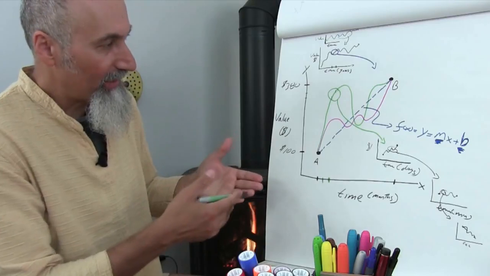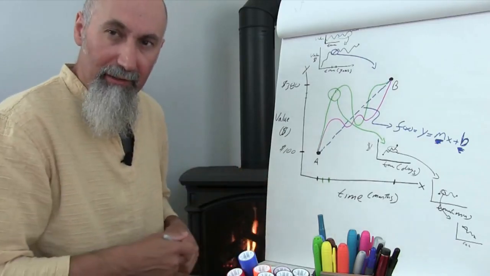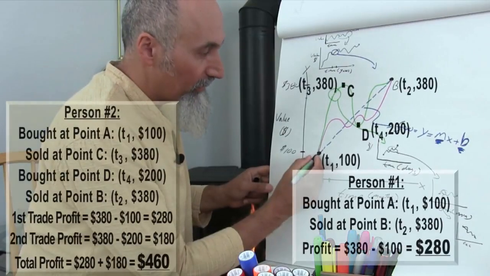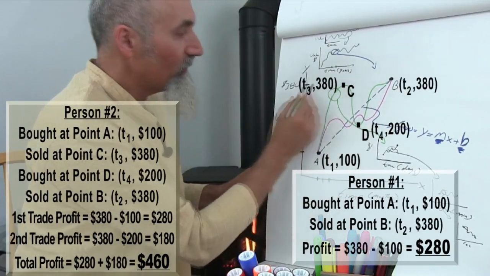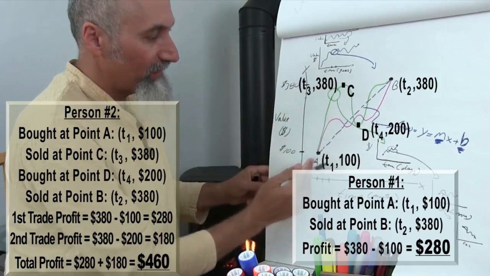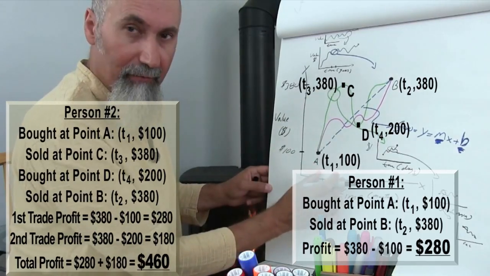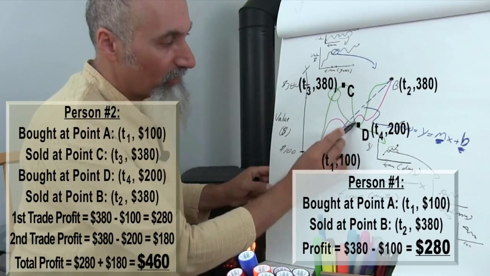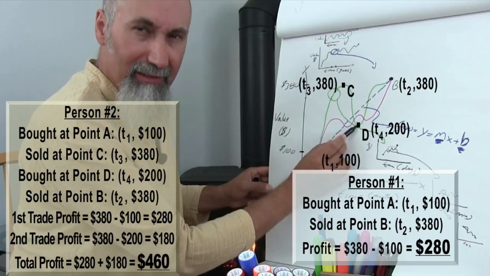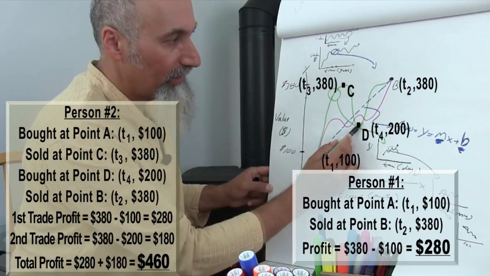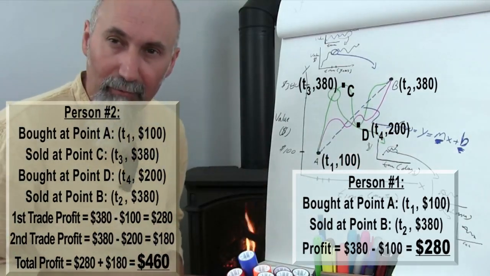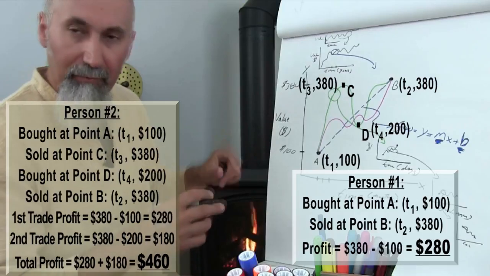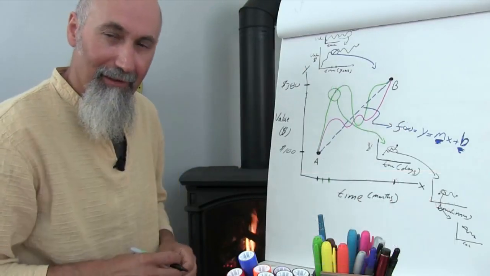If you want to buy in and sell out more quickly, then if you bought here and sold here, you would have made, again, almost $280 in a short period of time, and then watched the market drop to here, and then decided to buy again and sell again up here, then you've made a lot more money than the person that just held for that period, right?